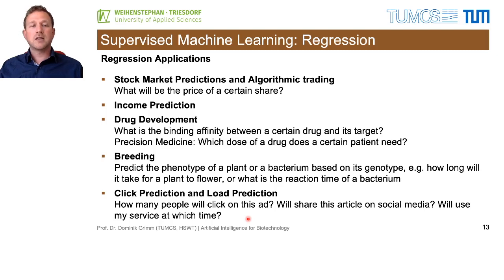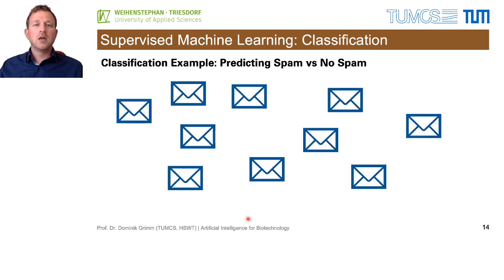So now let's look at classification. I bring a small example again. In classification, we would like to predict a discrete label, we said before. And what are discrete labels? For example, if you look at your emails, you would like to know which of the emails is spam and which is not spam.